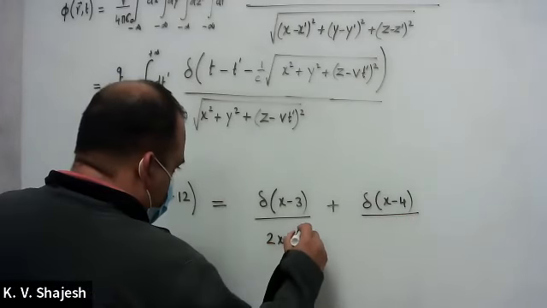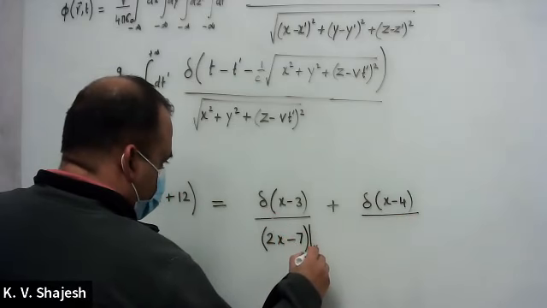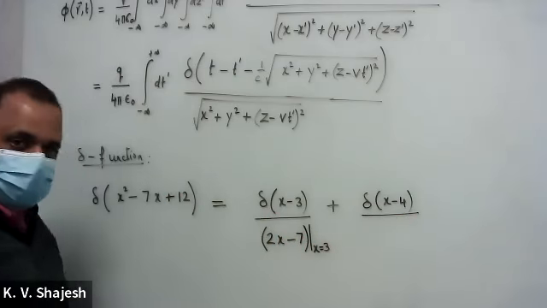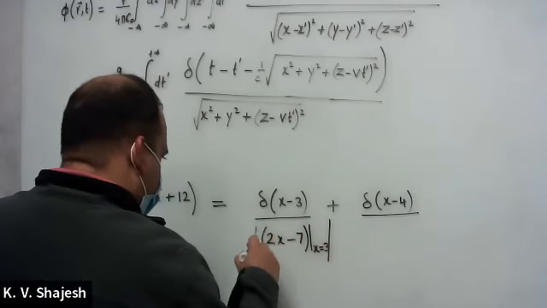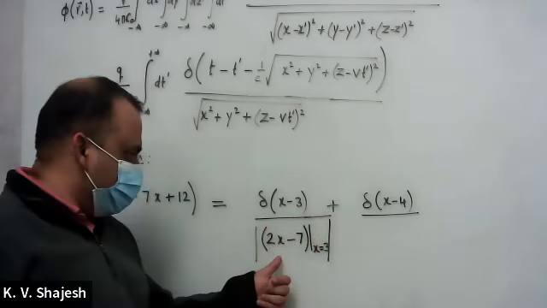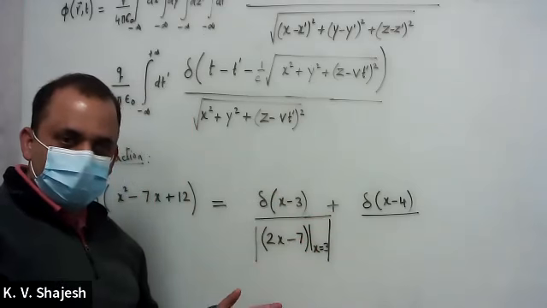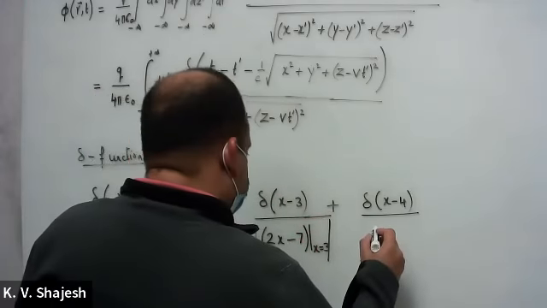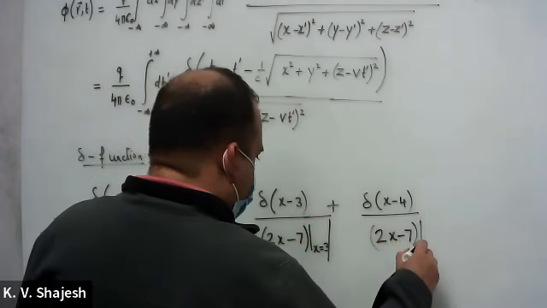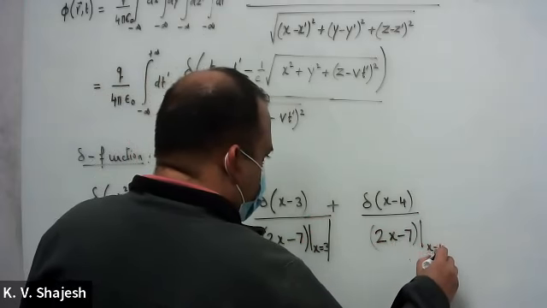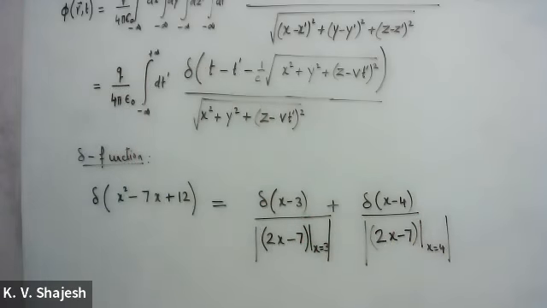Then evaluate that at x equal to 3, and then take the magnitude. It's a lot of steps: take the derivative, evaluate it at x equal to 3, and then take the magnitude. Do the same thing here. The derivative is the same, 2x minus 7, but this time you evaluate it at x equal to 4, and then take the magnitude.